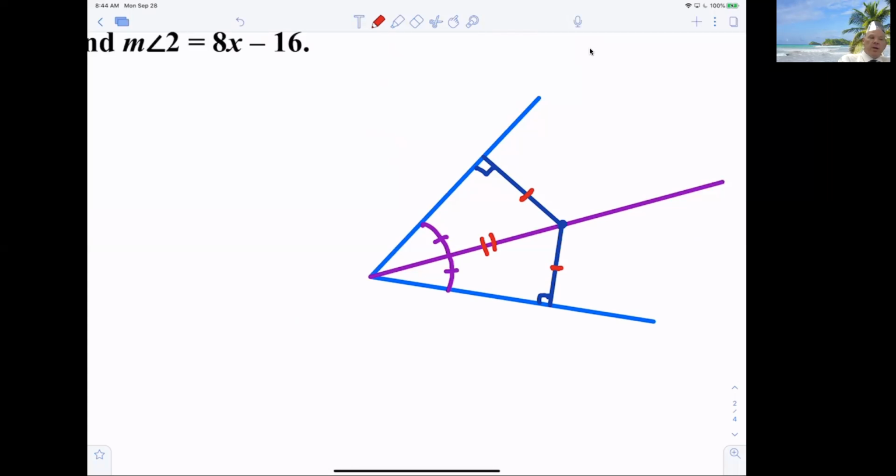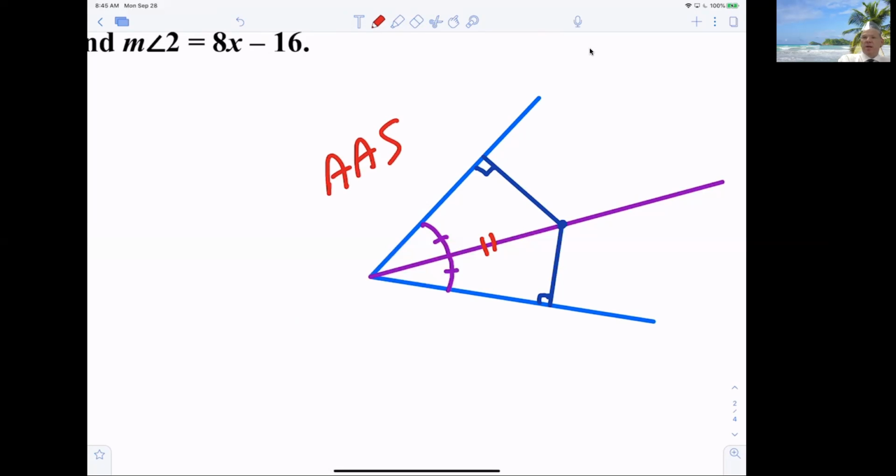By, well, wait a minute now. We don't know this is true yet. I don't know this is true. Angle, angle, side, right? So the triangles are now congruent by angle, angle, side. Now I'm just showing you that to make sure you can see it. Does everybody agree with me?